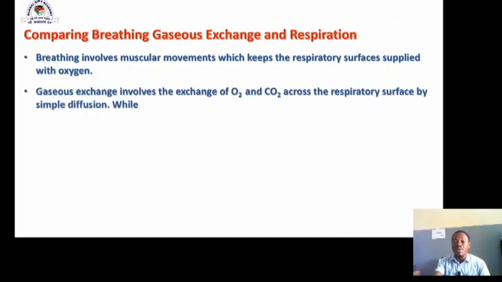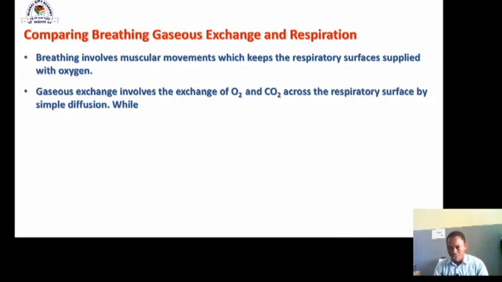It is indeed different from gaseous exchange. Gaseous exchange simply involves the exchange of gases such as oxygen and carbon dioxide across the respiratory surfaces by simple diffusion.